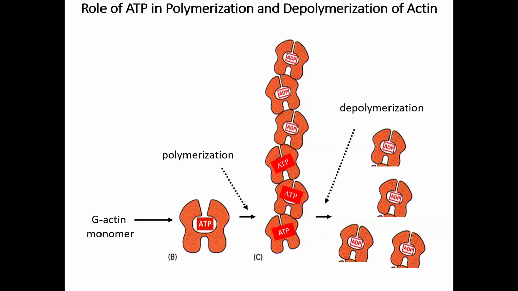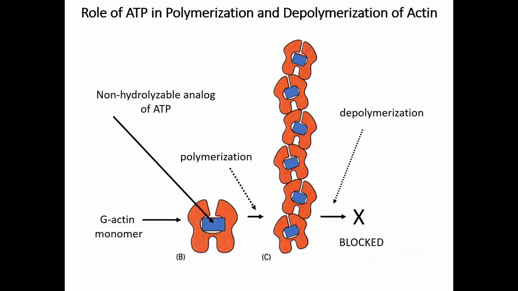So the ADP bound actins come off much more easily. So now you know why the critical concentrations are different. The critical concentration here, for the ATP bound actin, is different than for the ADP bound actin on this end. This is what we mean by the critical concentration, depending upon the concentration of the globular actin in the cell.